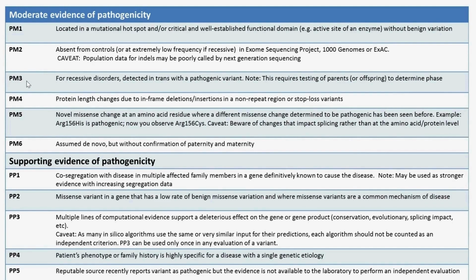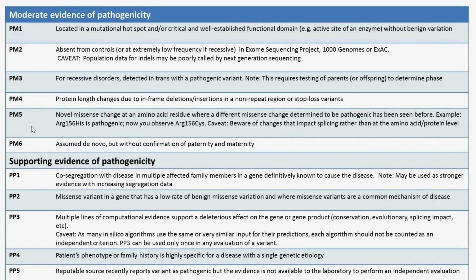PM3, where a variant is detected in trans with a pathogenic variant and the disorder is recessive. PM4 includes stop loss variants or variants which cause protein length changes due to in-frame deletions or insertions in a non-repeat region.